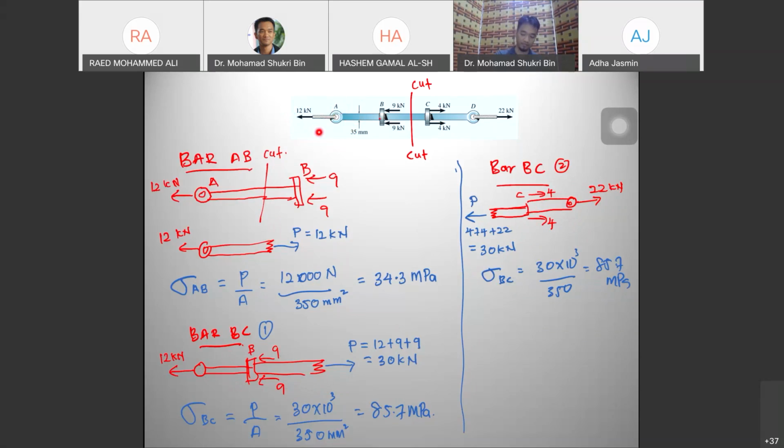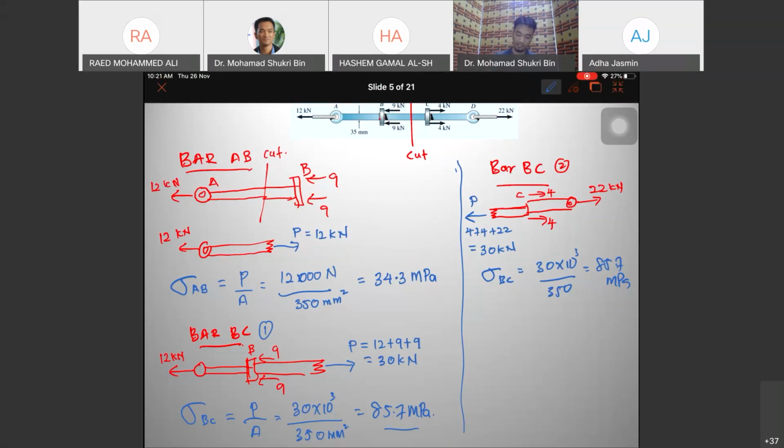We have 12. If we take this side, it also can, but this is so many forces, so to avoid carelessness. So bar BC we have 85.7 megapascal. We are left with one more, bar CD.